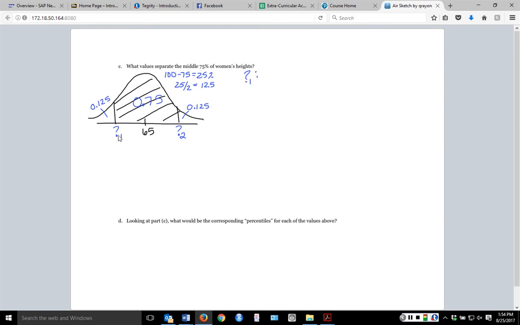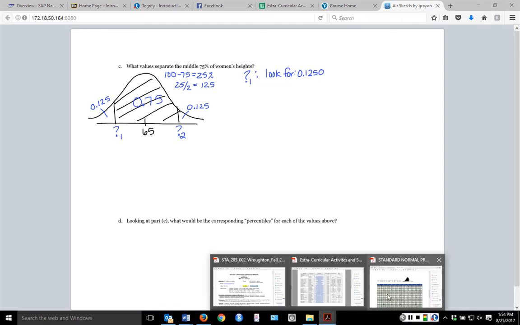If I look at it, I've got to figure out how much is to the left of that number. Well, to the left is 0.125. And again, I'm at a 4th decimal place, I'll just put the 0. So I'm going to go to the table looking for my 0.125. I can tell since it's below the mean that it's going to be a negative z-score.